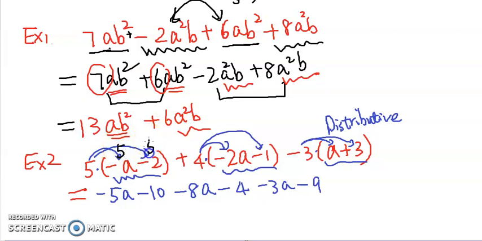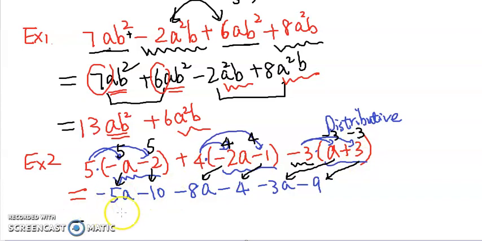Say I can put a 5 and a 5 on top of this, and a 4 and a 4 on top of that. And if there's a minus sign, then the minus sign also needs to be distributed. So you're going to have 5 times negative a, negative 5a, 5 times negative 2, negative 10, and 4 times negative 2a, and 4 times negative 1, and negative 3 times a, and negative 3 times positive 3.